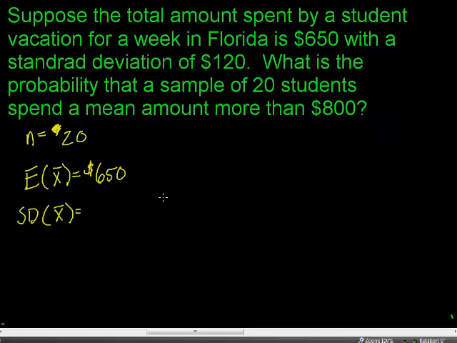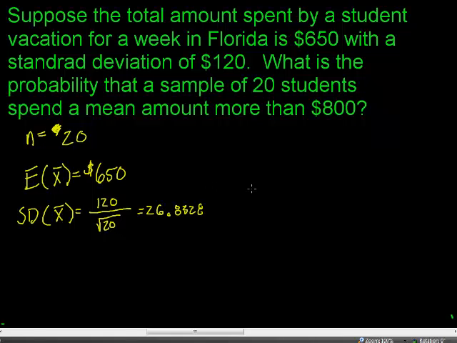And 20 kids on average should vary less. So I'm going to take the $120 that's true for the population and divide it by the square root of 20, my sample size. So 120 divided by the square root of 20 is 26.8328. And please get used to using 4 decimals for standard deviation.